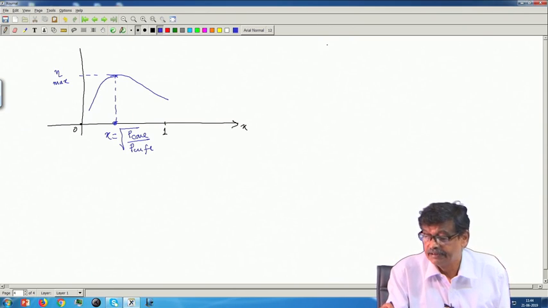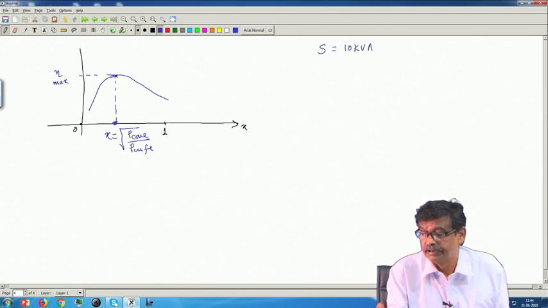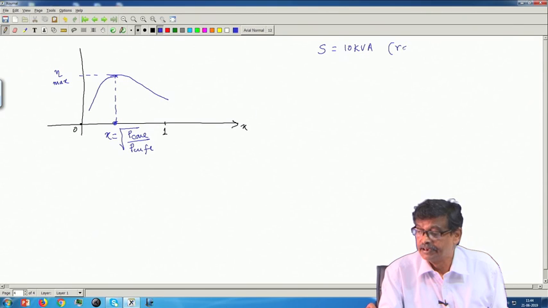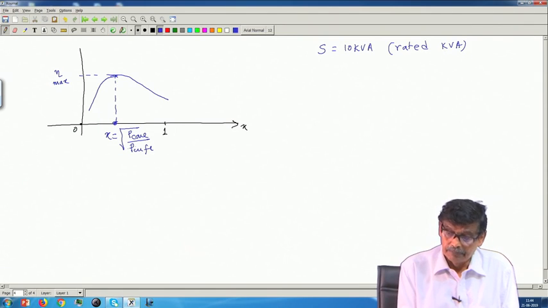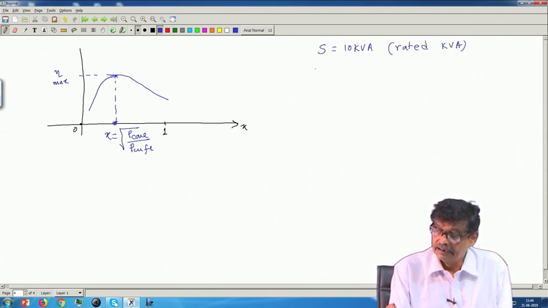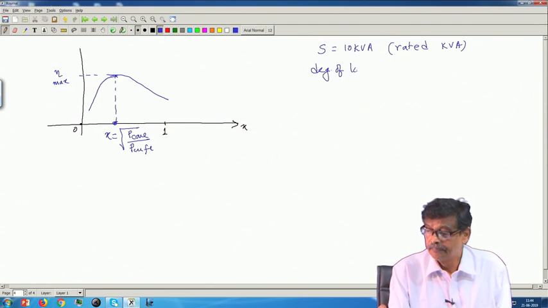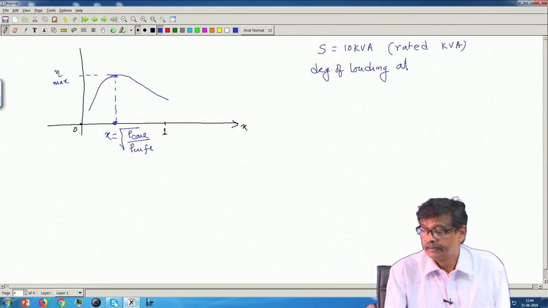Suppose S is equal to 10 kVA for easy calculation, it is the rated kVA, and suppose you calculate the degree of loading at maximum efficiency.